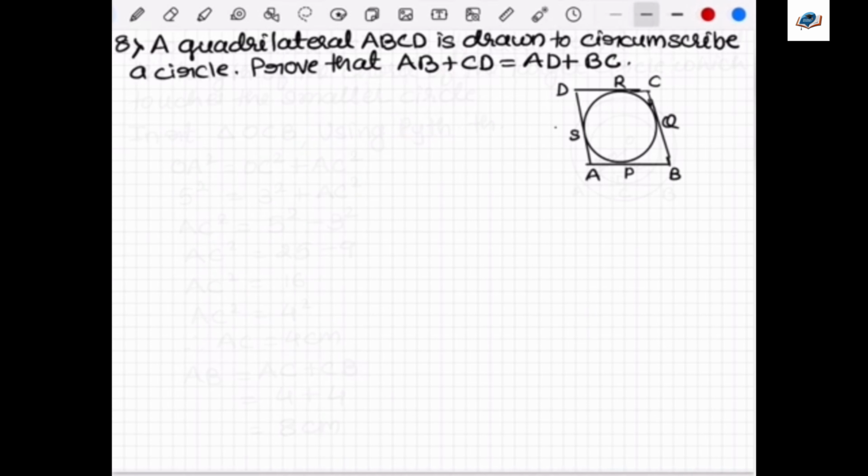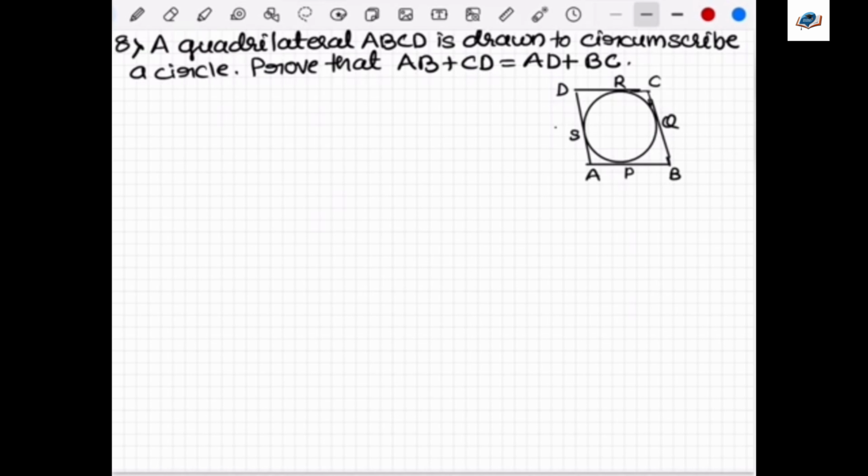Next question says: a quadrilateral ABCD is drawn to circumscribe a circle. Prove that AB plus CD equal to AD plus BC. Circumscribe means the circle will come inside the quadrilateral.